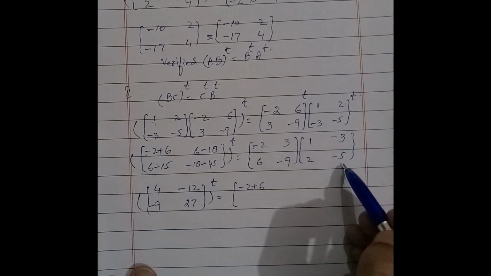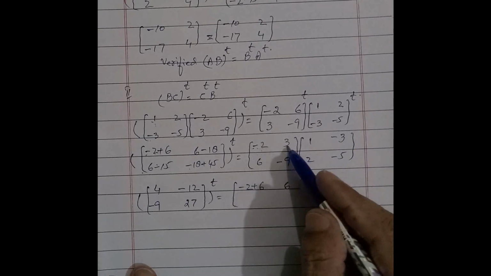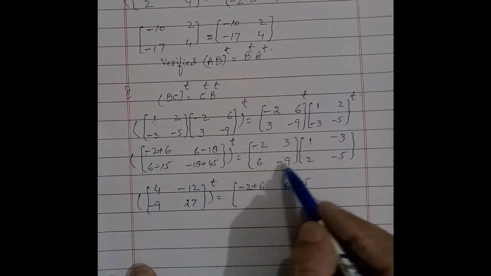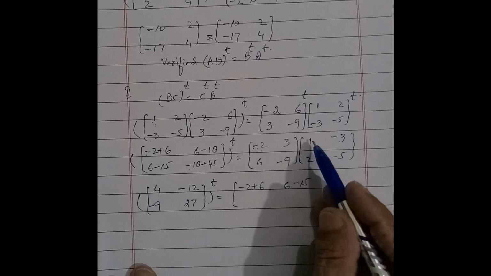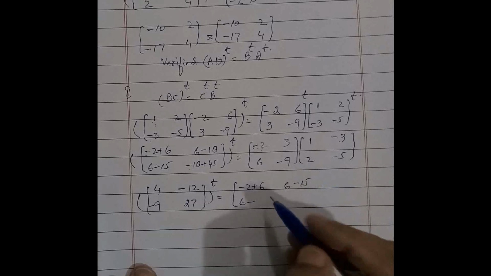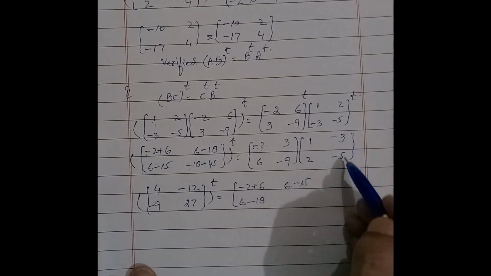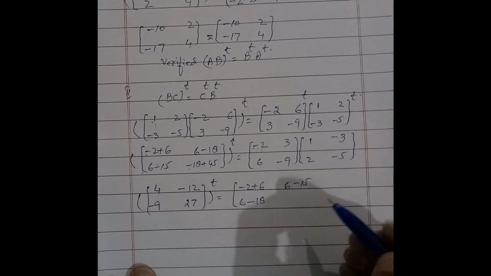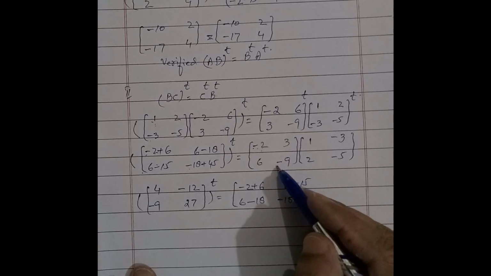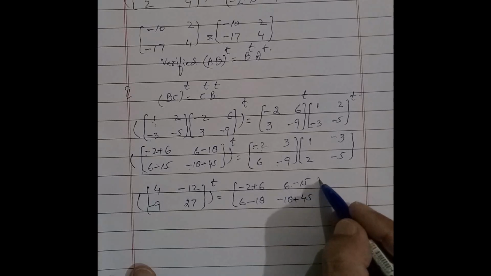First row with second column is minus 2 multiplied by minus 3 is equal to plus 6. 3 multiplied by minus 5 is equal to minus 15. Second row with first column is 6 multiplied by 1 is equal to 6. Minus 9 multiplied by 2 is equal to minus 18. Second row with the second column is 6 multiplied by minus 3 is equal to minus 18, plus minus 9 multiplied by minus 5 is equal to plus 45.